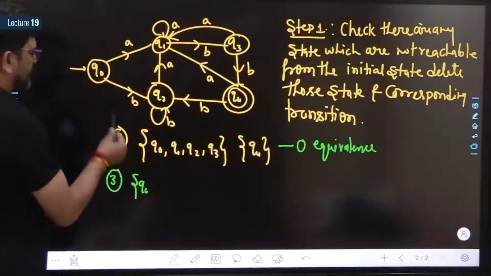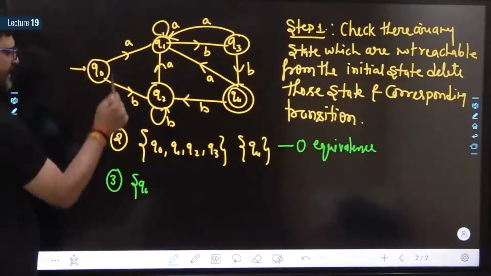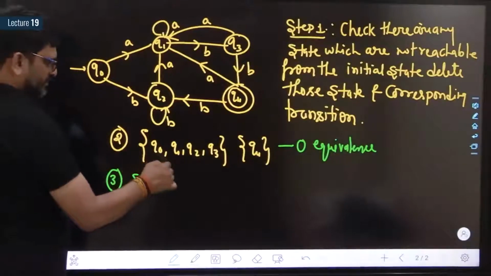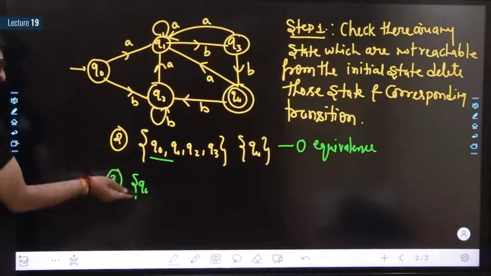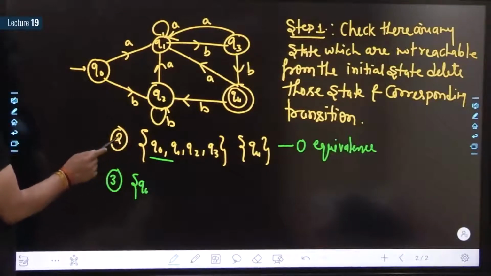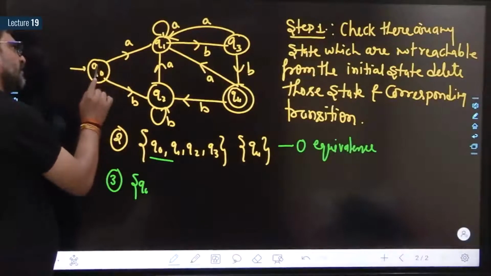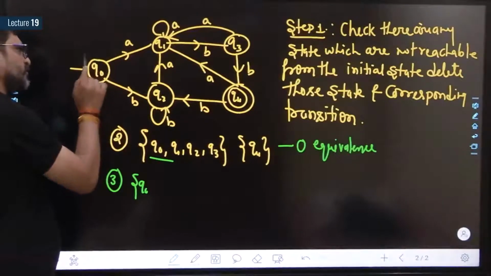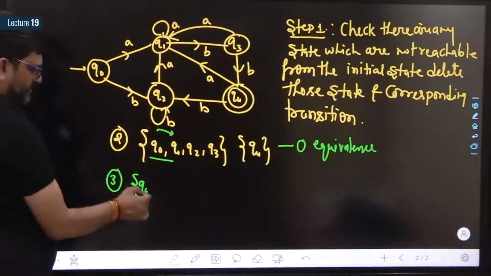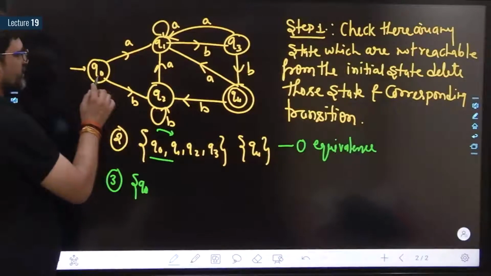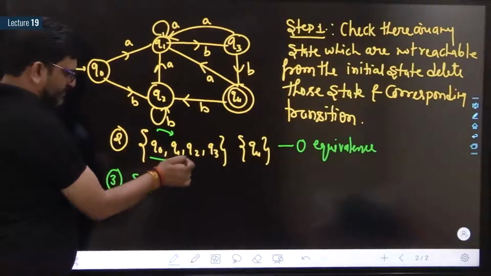What is the transition of Q0 on A, in the previous step 2 grouping? It goes to Q1, in this group. What is the transition of Q0 on B? Same, this set.